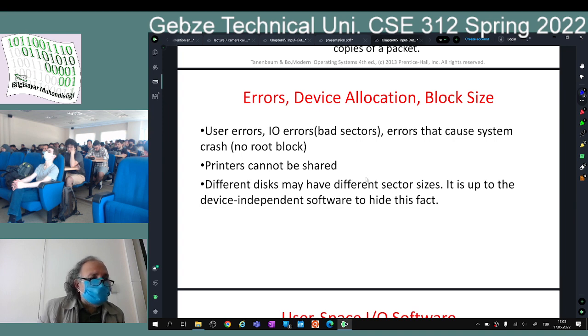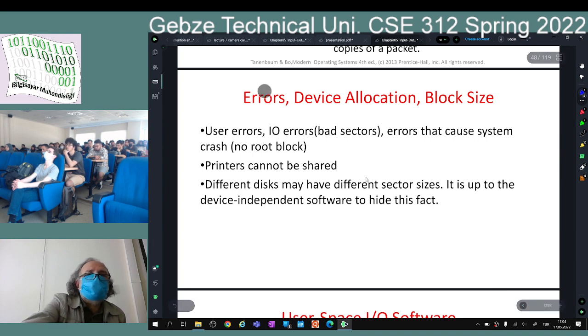If you see a bad sector, then you fix it. How do you fix a bad sector? You mark it as a bad sector, and you never use that sector again. You use some other sector, and the user doesn't know what's happening. All he sees is that the process is taking a little bit longer because there is a sector replacement happening, and so on.